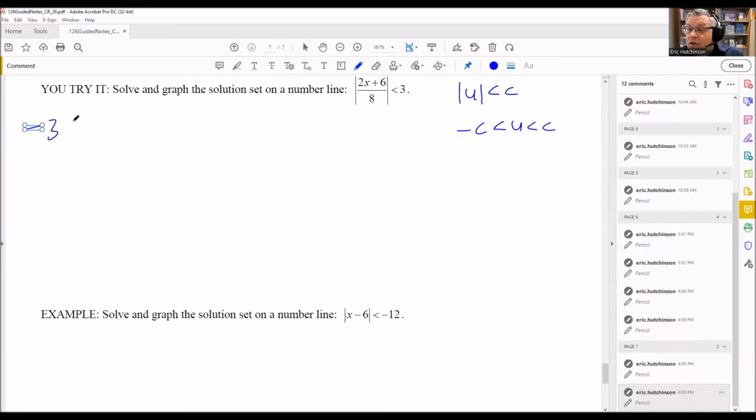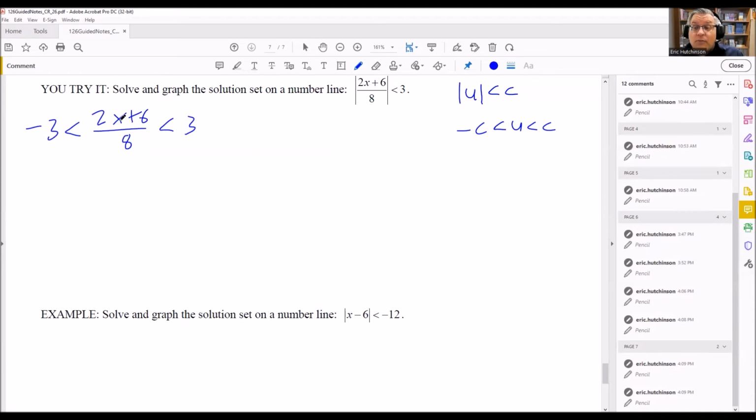Negative 3 less than everything inside here, the u, (2x plus 6) over 8. Now, you do not need the absolute values here because remember, the compound inequality is a way you can write it without the absolute value in it, and that gives you the ability to solve for it. So we have negative c and we have c right here.